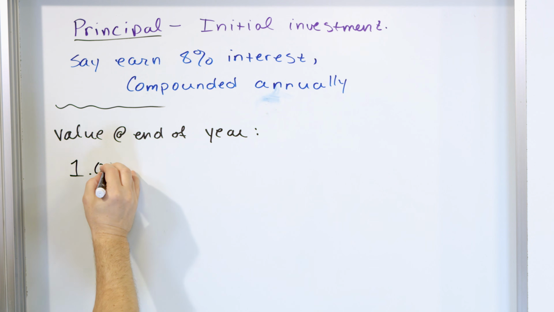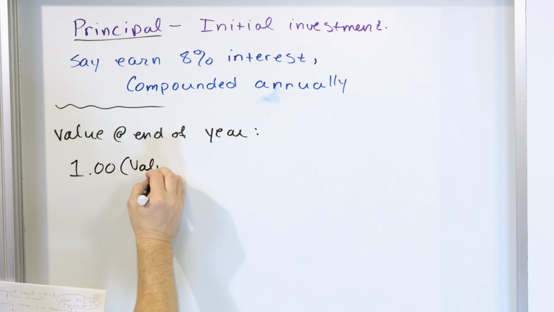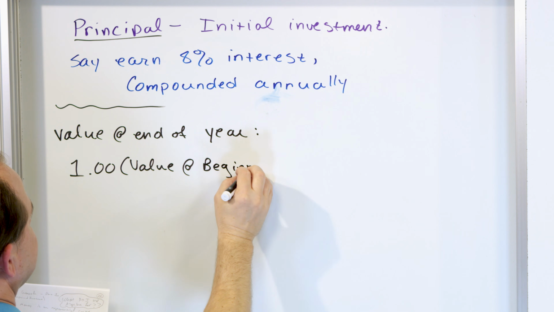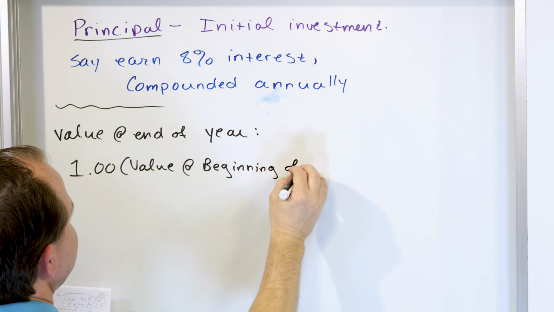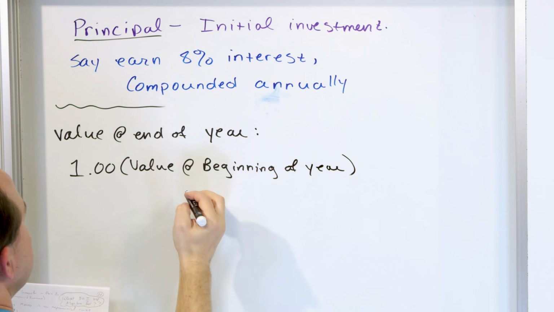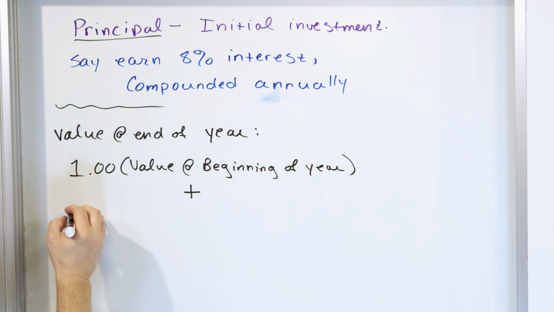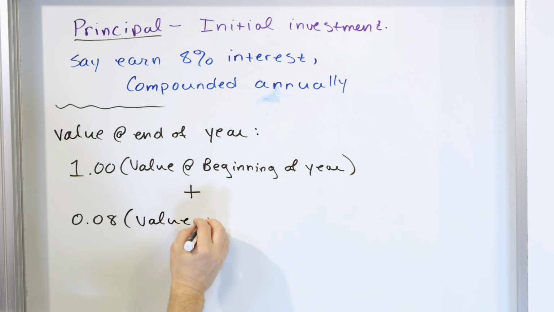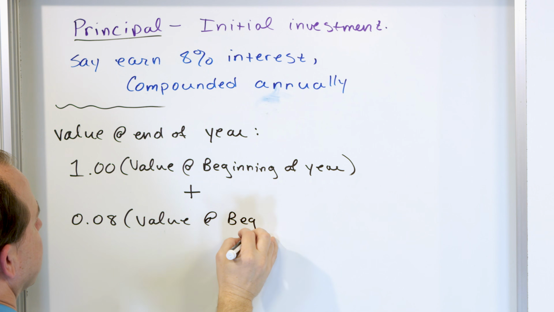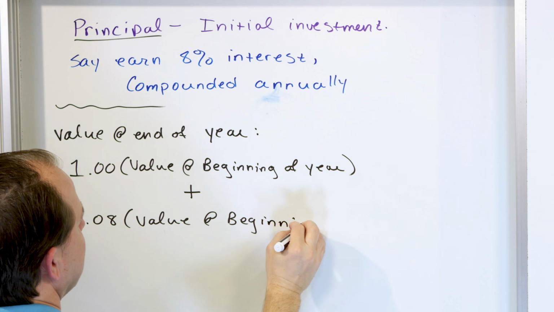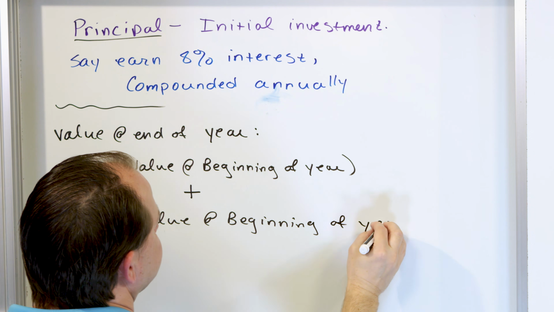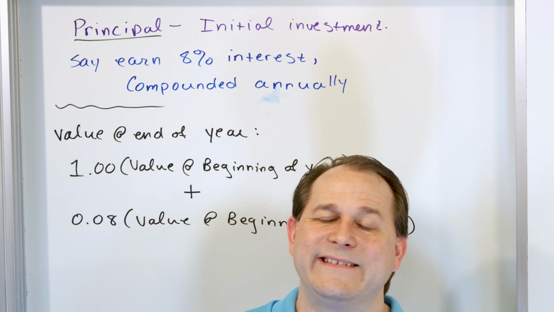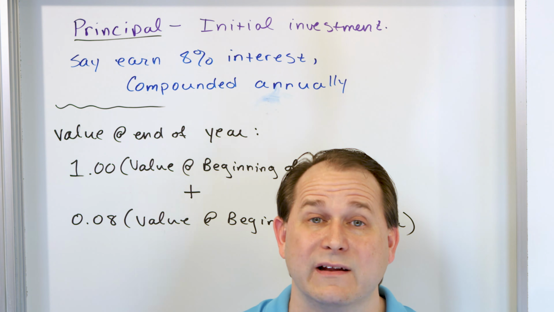It's going to be 1 times the value at beginning of year, okay, plus it's going to be 0.08 of the value at the beginning of year. All right, so basically what happens is every year I earn 8%, but I still have the initial investment I put in. I still have the principal.